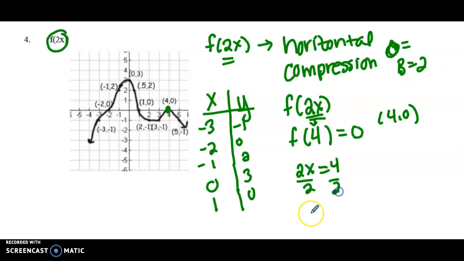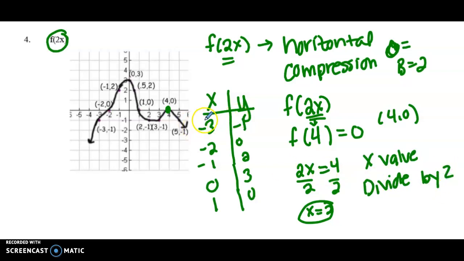Divide by 2, and I get x equals 2. So I had to plug in 2 times 2 to give me 4. To work backwards, I have to divide by 2. So anytime you have a horizontal compression, you're going to take the x value and divide it by 2.